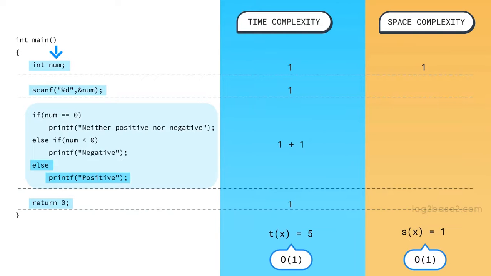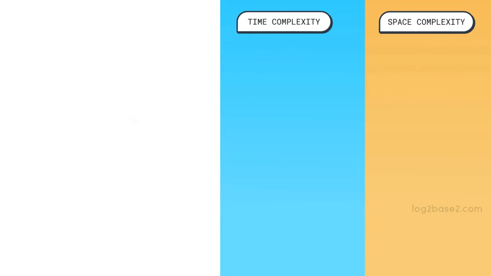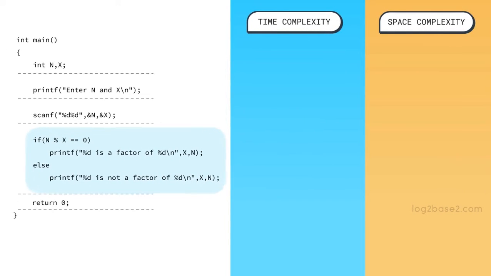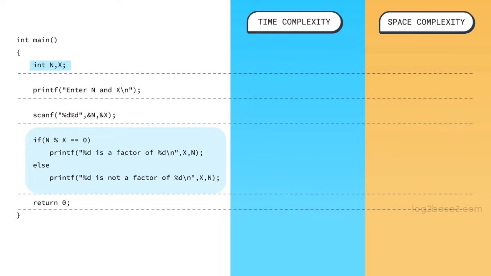Now, let us analyze the algorithm to find if x is a factor of n or not. First, we have a declaration statement which will take 1 unit time. And the next printf statement will also take 1 unit time, and the same happens with scanf statement also. And now we have a conditional check.